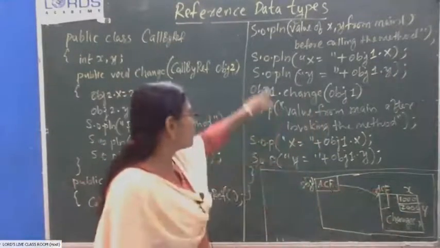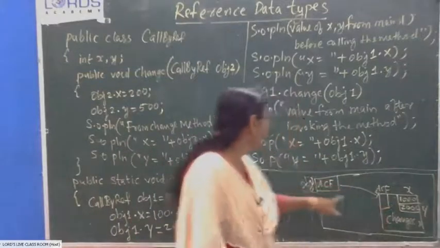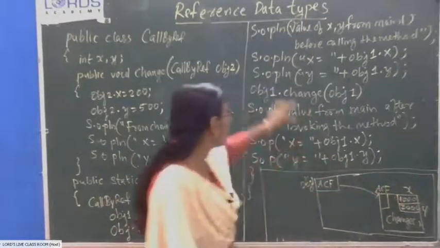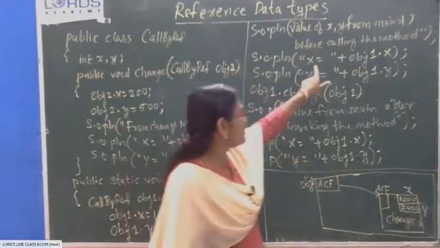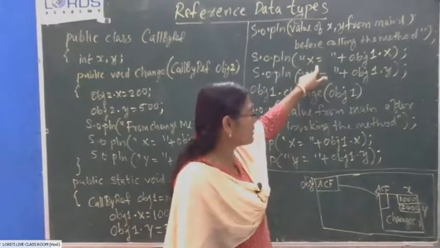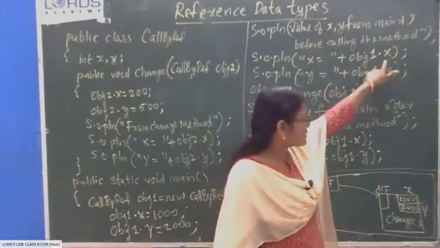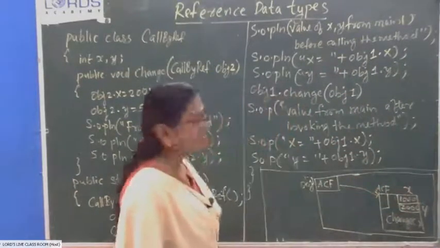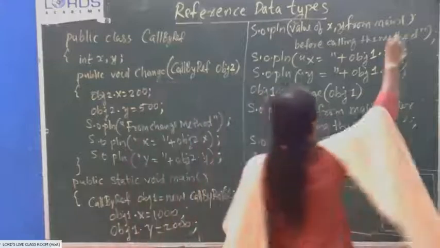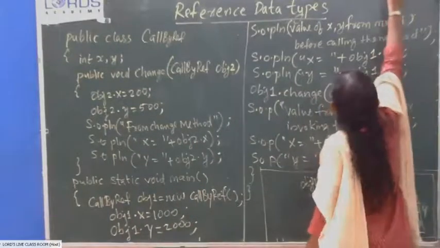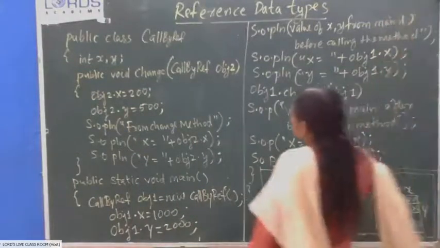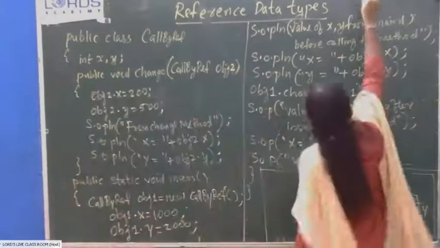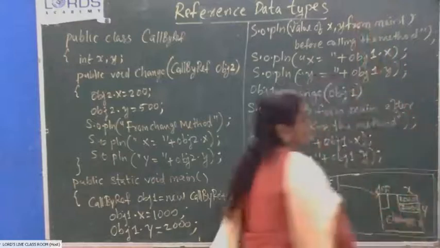To print the value of x, go to the location pointed by obj1, take the value. System.out.println x equal to obj1.x, take the value from this location and display it. 1000 will be displayed on the screen. So first output x equal to 1000.